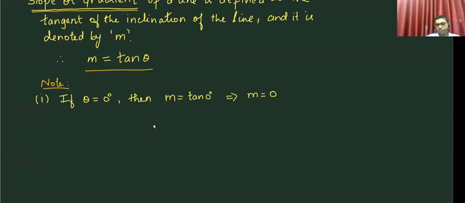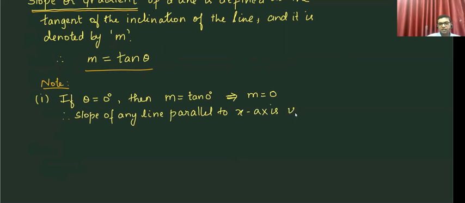Tangent of 0 is 0. We'll again come to trigonometry, but this is basic class 10 trigonometry. So therefore, slope or gradient of any line parallel to x-axis is 0. Very important result.